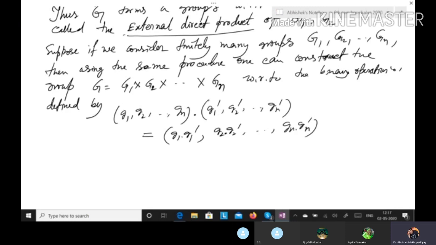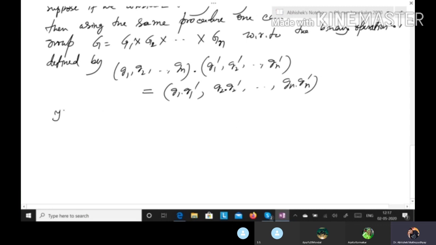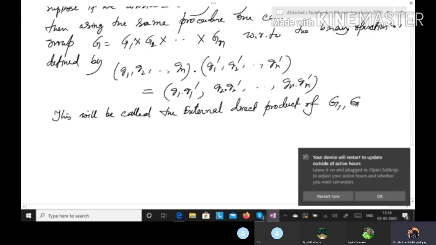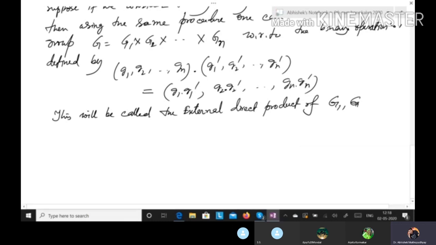And this will be called the external direct product of G1, G2, G3, ..., Gn, the external direct product of finitely many groups.